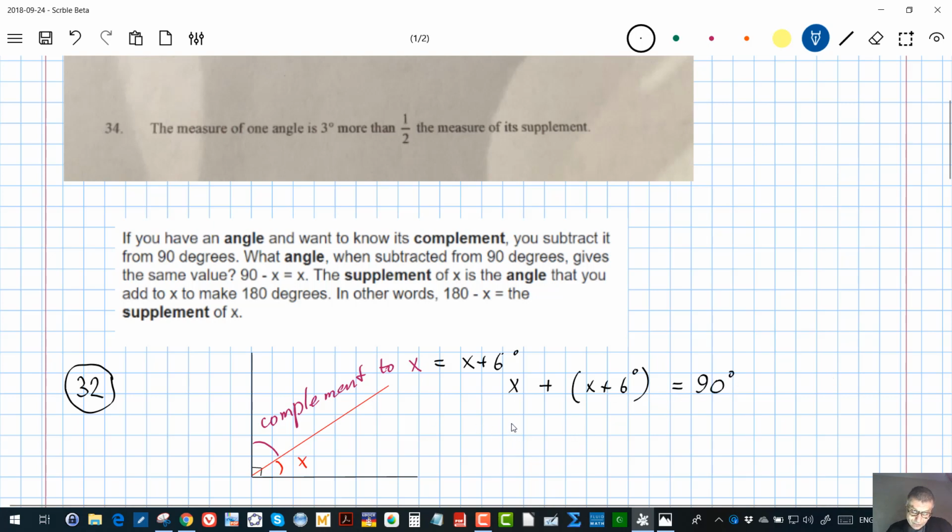Then we open parentheses, then the usual thing, and solve it for x, and then 2x plus 6 degrees equals 90.